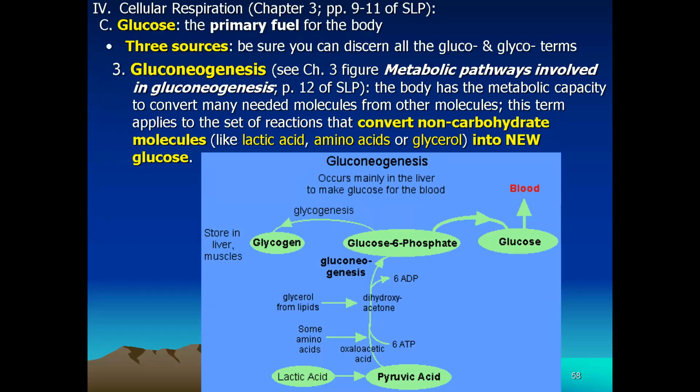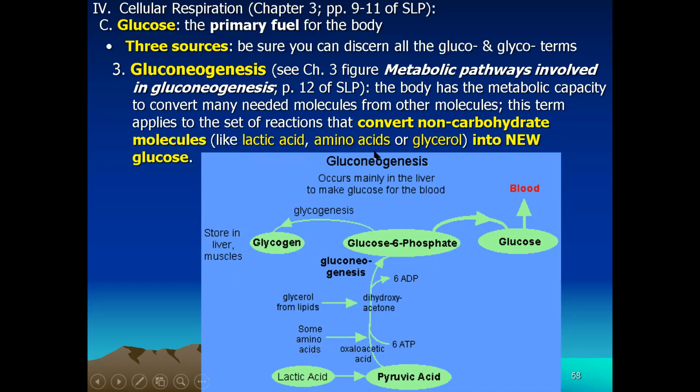And then finally, I need to teach you this word. This is new glucose generated from nothing. What is Genesis? Genesis in the Bible is God created everything out of nothing. What this literally means is it's making new glucose from non-carbohydrate sources.